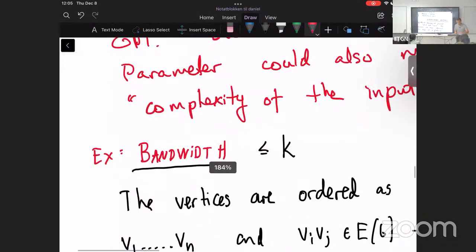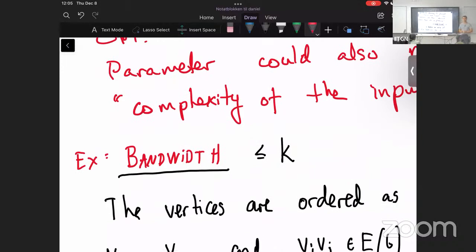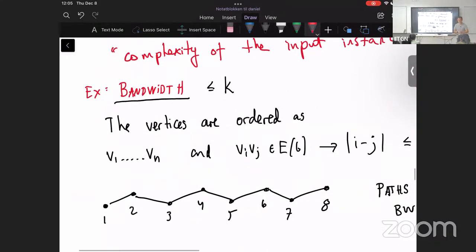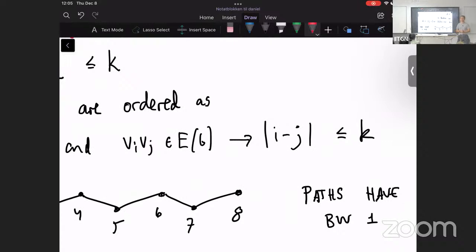We're going to look at graphs with bounded bandwidth. So what does it mean that the graph has bandwidth at most k? It means that the vertices are ordered, v1 through vn, with the property that whenever I have an edge in the graph, the distance between the two endpoints of the edge in the ordering is at most k.